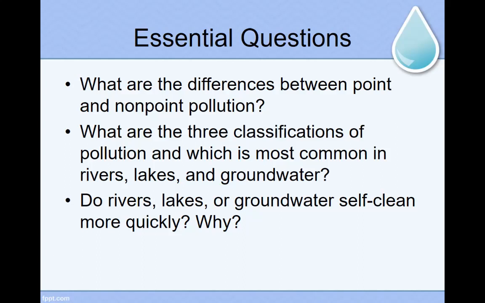So I guess we should start by talking about the fact that when we talk about pollution, there are really two ways to go about it. You can either prevent it or you can clean it up. And far and away, the best way to reduce water pollution is to never let it happen in the first place.